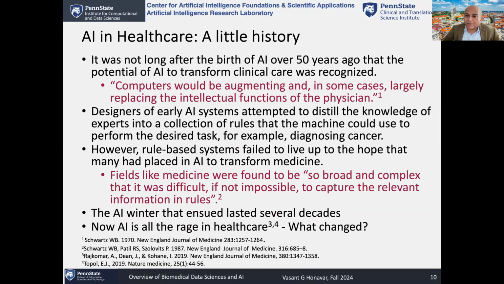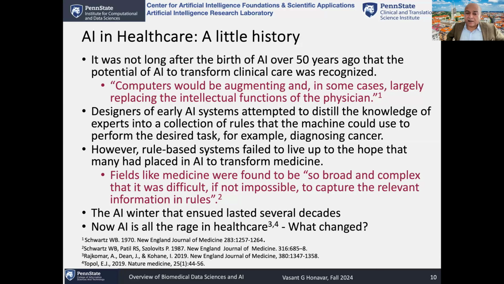It was not long after the birth of AI 50 years ago that the potential for AI to transform clinical care was recognized. This is a quote from a paper that Schwartz wrote in 1970 in the New England Journal of Medicine: computers would be augmenting and in some cases largely replacing intellectual functions of the physician. That was 1970.